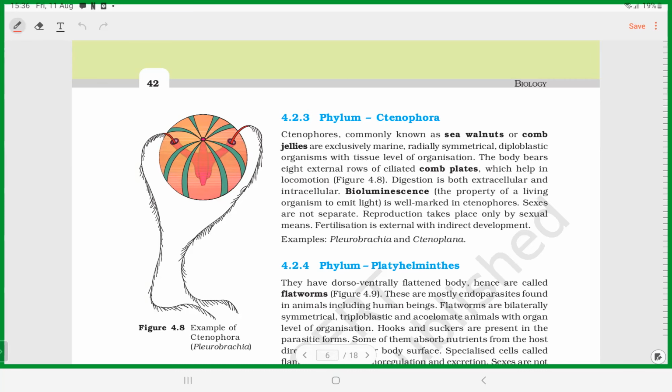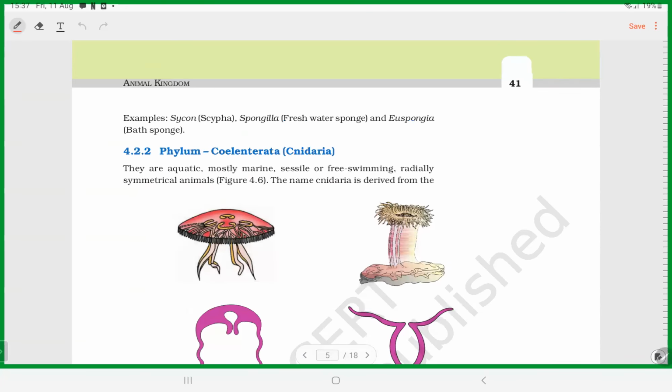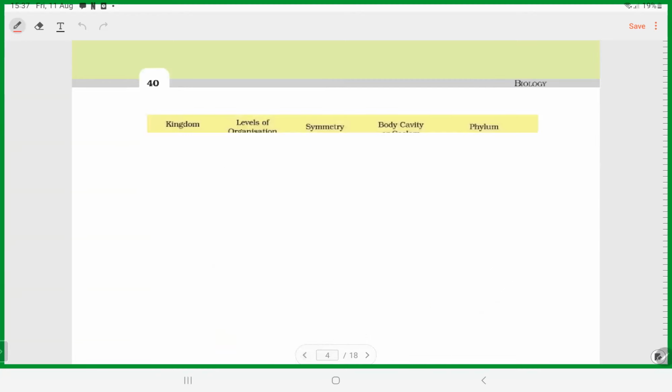See, in the animal kingdom, there are 11 major phyla present. In the previous class, I think we discussed the first two. Just for your quick refreshment, a quick run-through. First we discussed Porifera, or pore-bearing organisms.